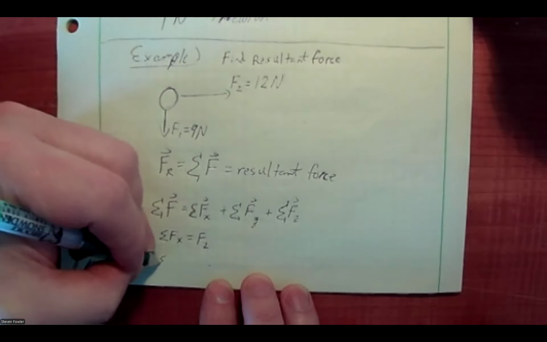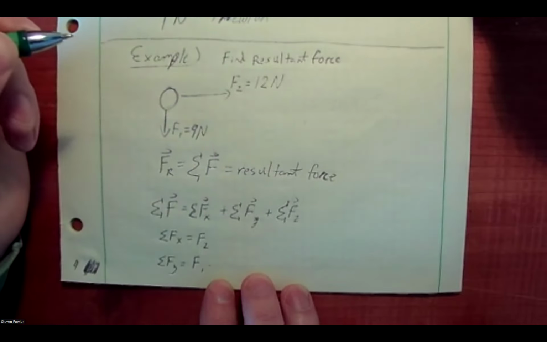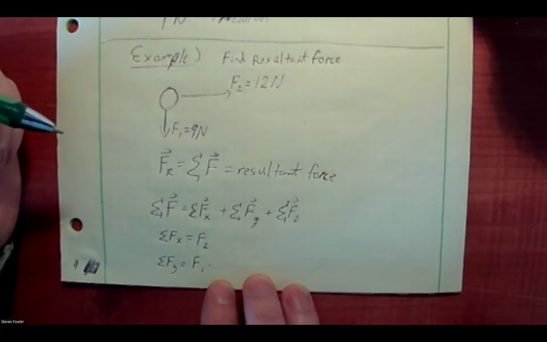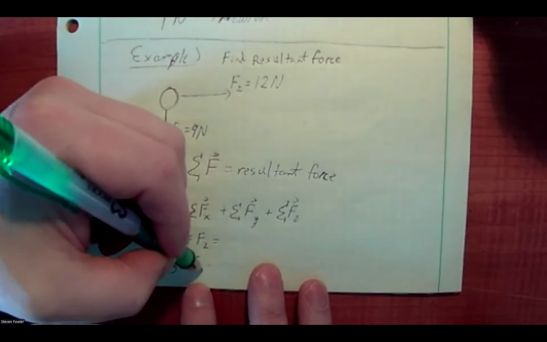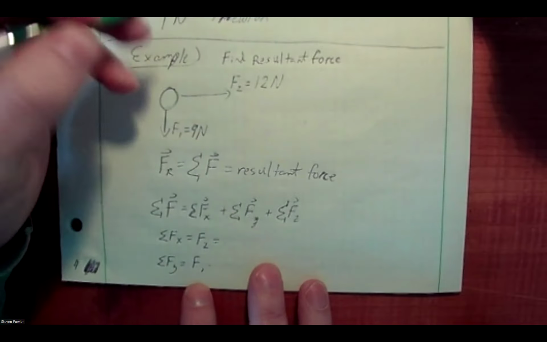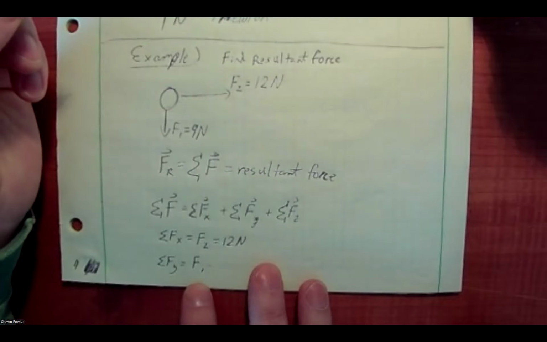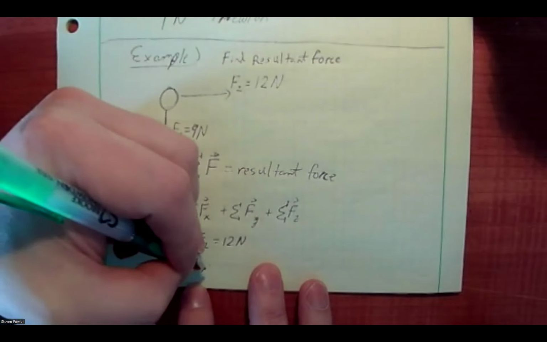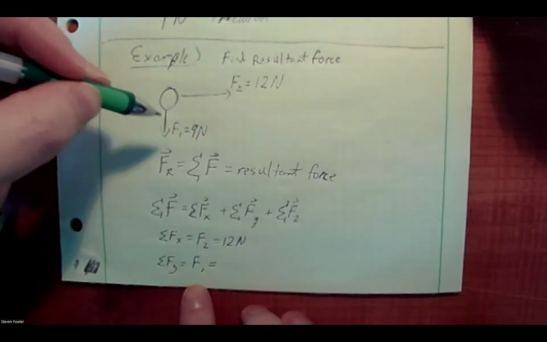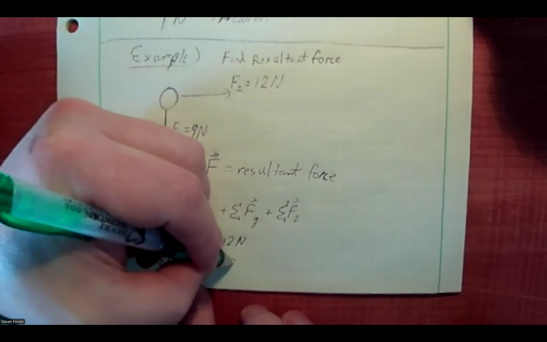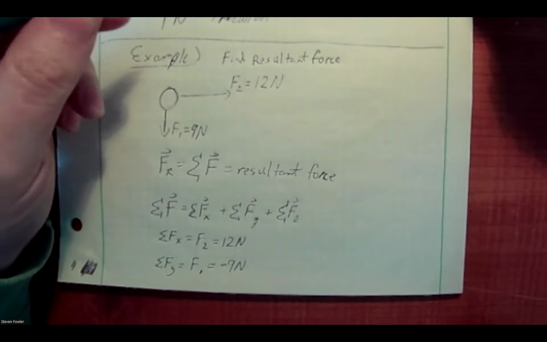And then in the y direction, I have F1. And that's it. It's going to be in the negative direction. So F1 is going to be in the negative y direction. F2 is in the positive x direction. So that's just simply 12 newtons. And Fy, well, the only thing I've got in the y direction is F1. That's going to be minus 9 newtons. It's going down. It's in the negative y direction.